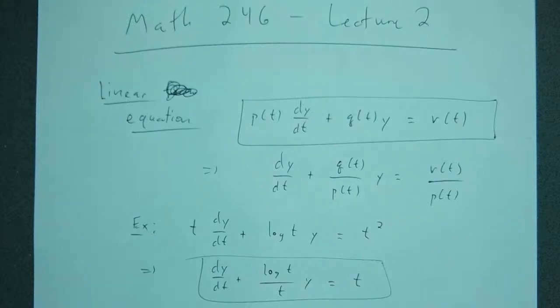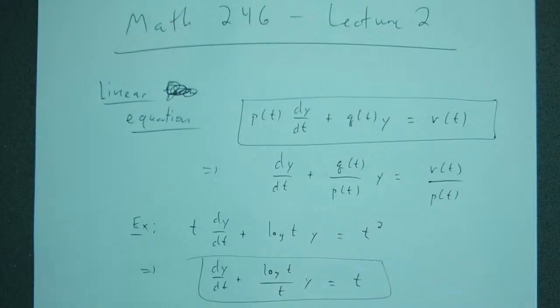We'll talk a little more about that in chapter 1, section 4 of the notes. Right now we're just dealing formally with this. Yes, when you divide through by p of t, wherever p has zeros, technically you have introduced an issue.